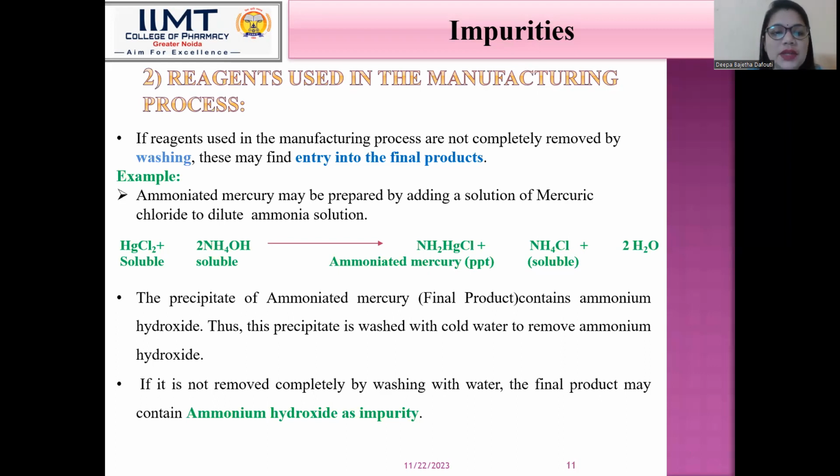Thus, this precipitate is washed with cold water to remove ammonium hydroxide. Soluble mercuric chloride combined with NH4OH gives ammoniated mercury. If the ammonium hydroxide is not removed completely by washing with water, the final product may contain ammonium hydroxide as an impurity.